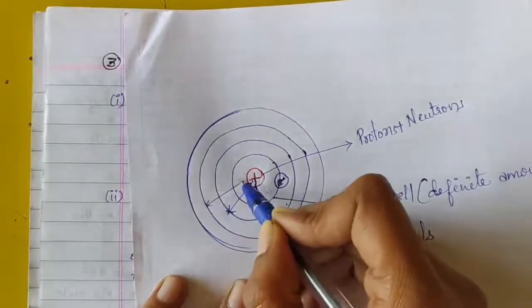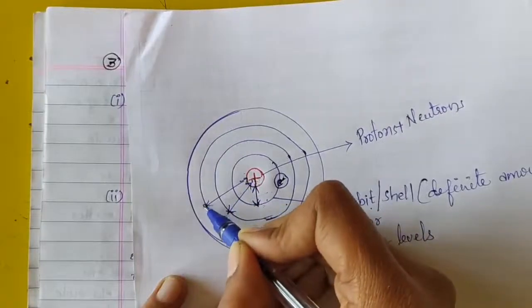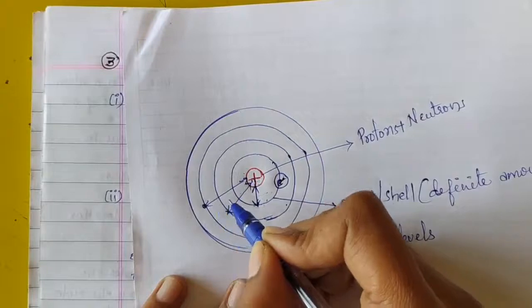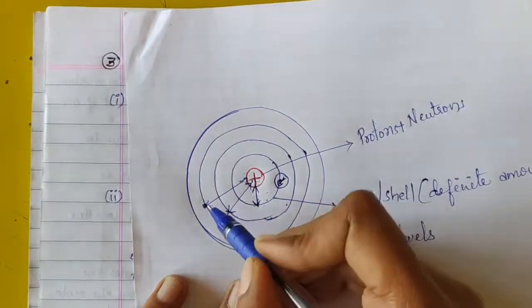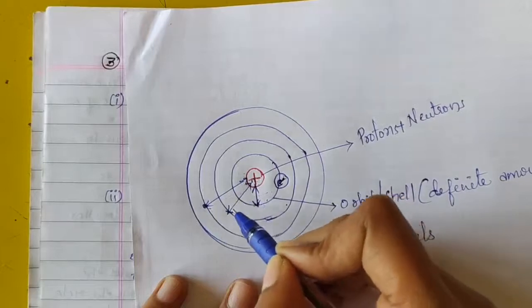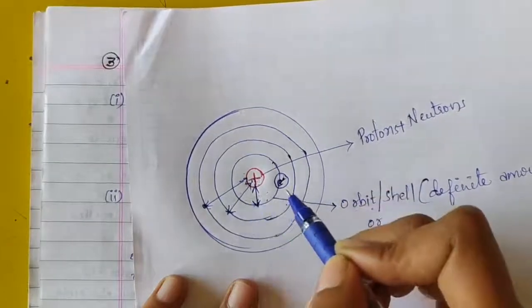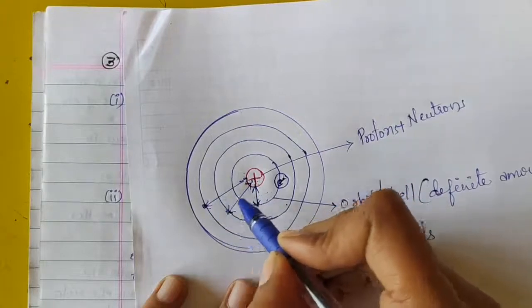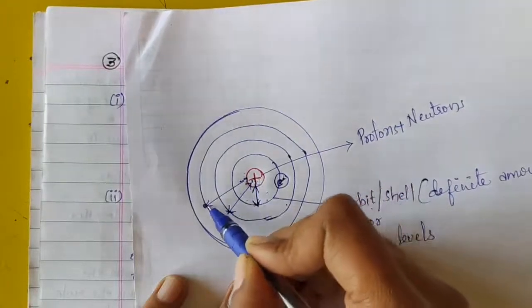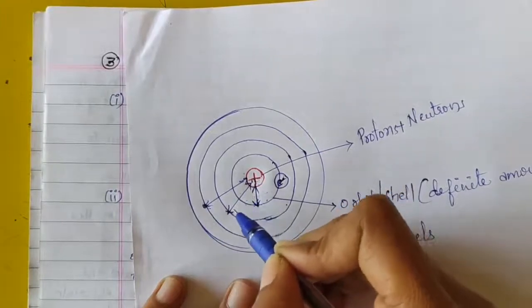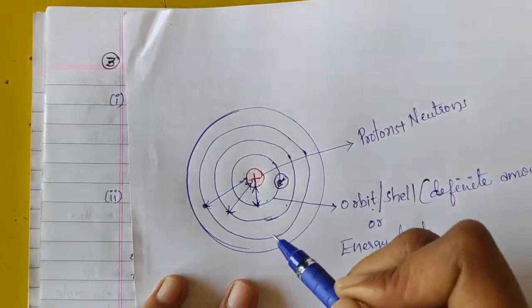This third orbit also has a definite amount of energy, and this energy is greater than the energy of the second and the first orbit, and the distance between the nucleus and this third orbit is greater than that of the second and first orbits.